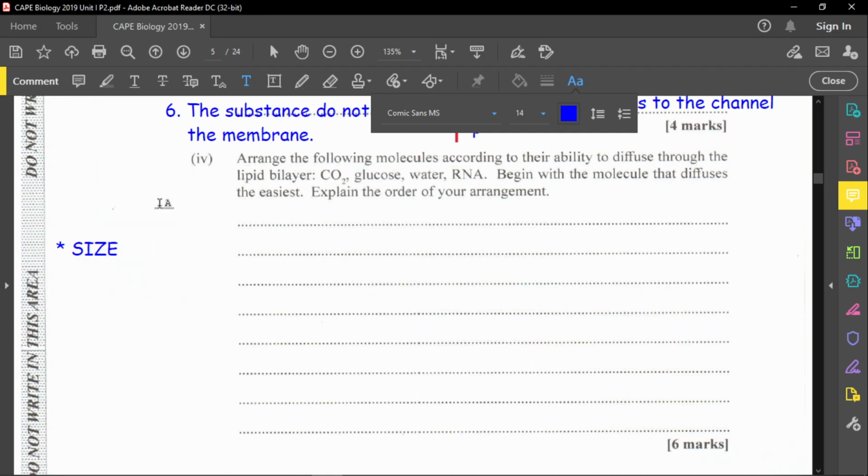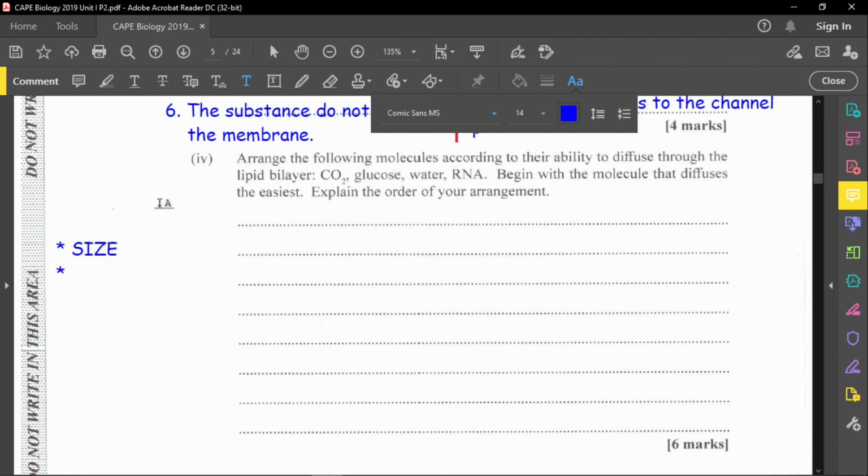What is also important is the solubility of the substance. Remember the membrane is made up of a phospholipid bilayer, which is made of fat molecules. So how well the substance can dissolve in oil will determine how fast it will diffuse.